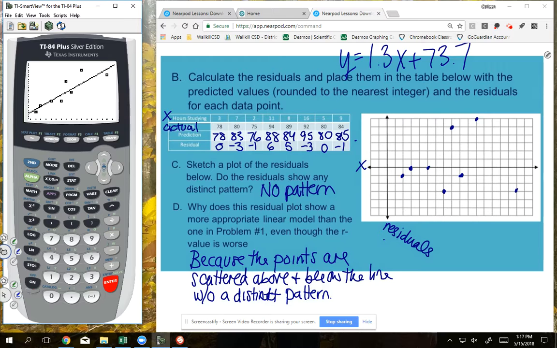Looks like a good model, right? If I made this line horizontal, what would it look like? My residual plot, right? So because the points are scattered above and below, my residual plot also shows that they're scattered above and below. It is a good model. And again, look, this horizontal line in your residual plot acts as your line of best fit.